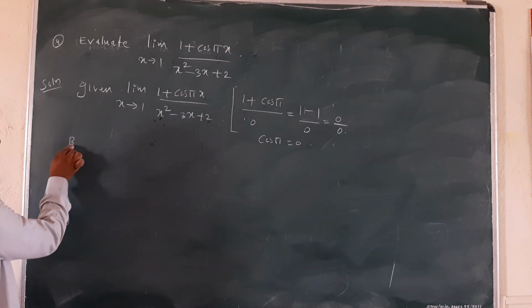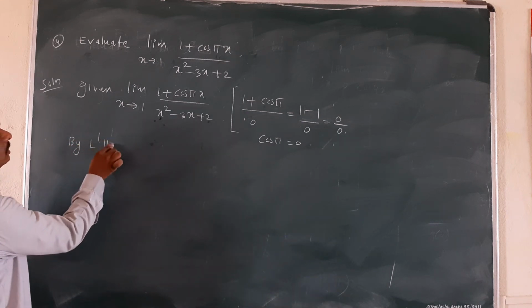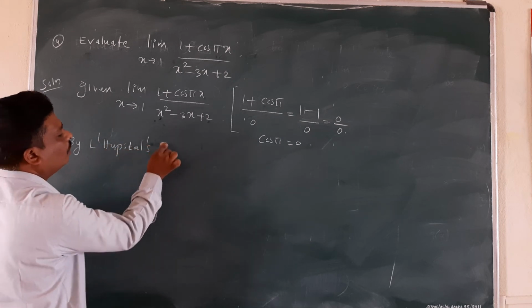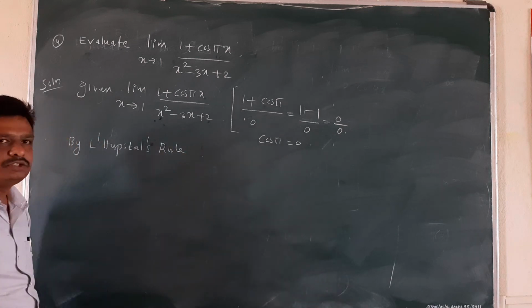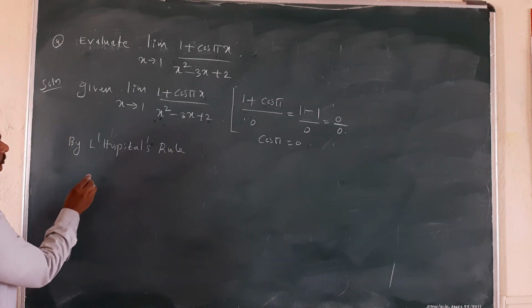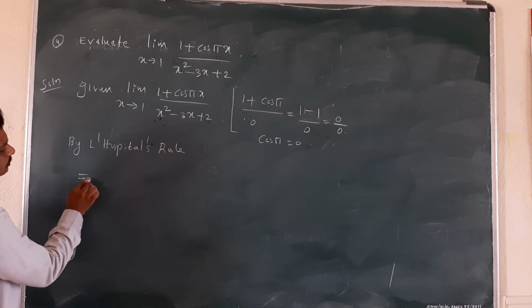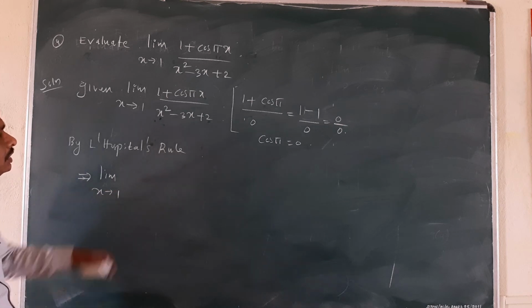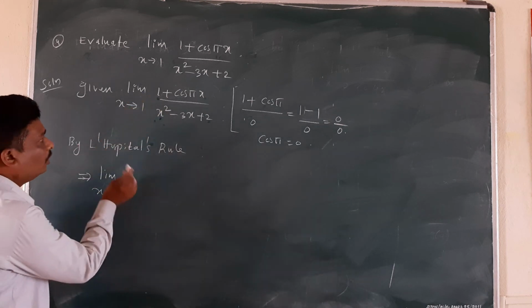So therefore by L'Hospital's rule, limit as x tends to 1. Derivative of 1 is 0.